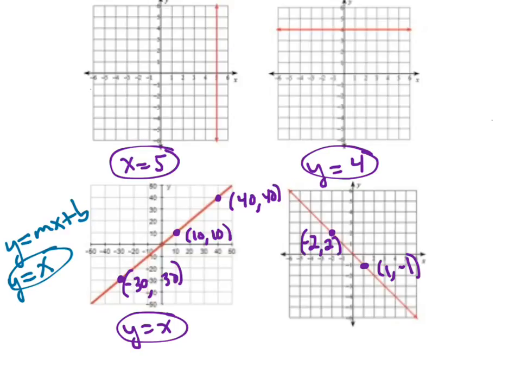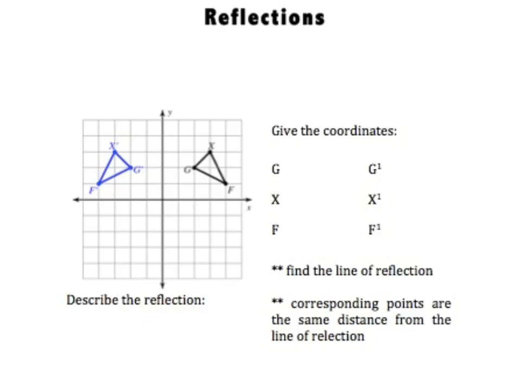That point's -2, 2. Looks like y is the opposite of whatever x is, which is in fact my equation, y equals -x. And if you want to think about it in slope-intercept form, I have a slope of -1. I go down 1 over 1, down 1 over 1. And my intercept is 0. So once again, y equals -1 times x, plus 0. Same equation.